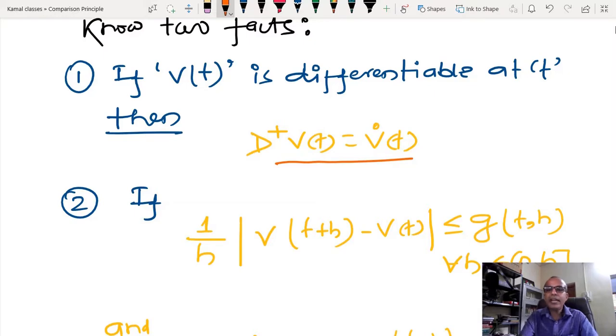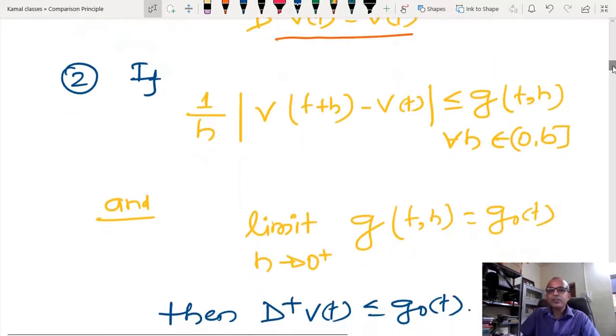Okay, after that one more important point: try to see that suppose this condition holds.